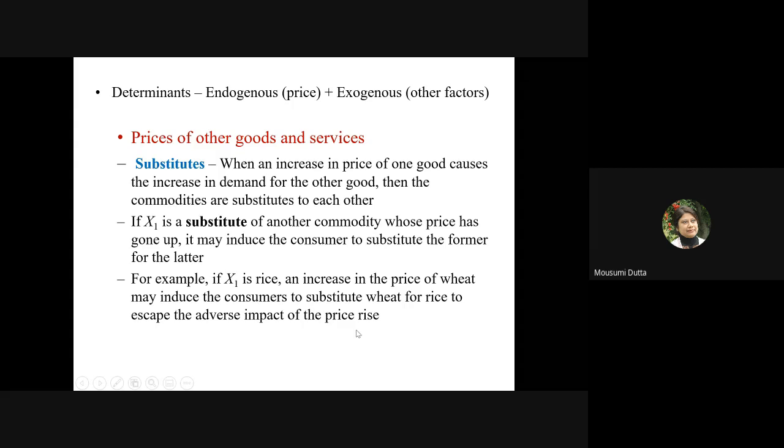Tea and coffee is the most popular example. If the price of tea goes up, in that case, price of coffee remaining unchanged, demand for coffee increases. So all these things happen in reality. If this kind of relationship exists, we will call the commodities substitutes to each other. Rice and wheat, tea and coffee, these are the examples of substitutes.